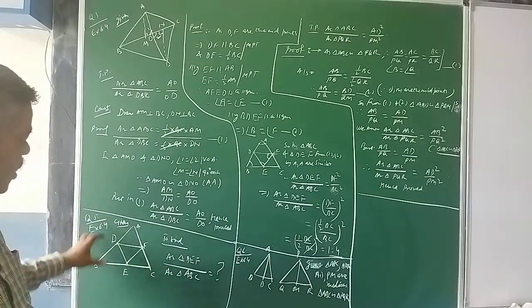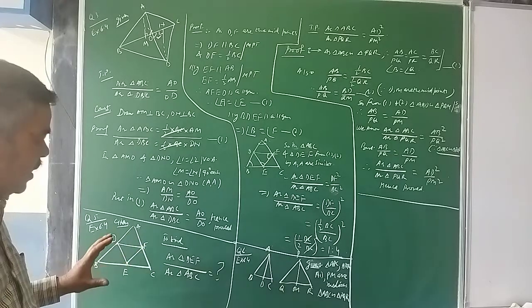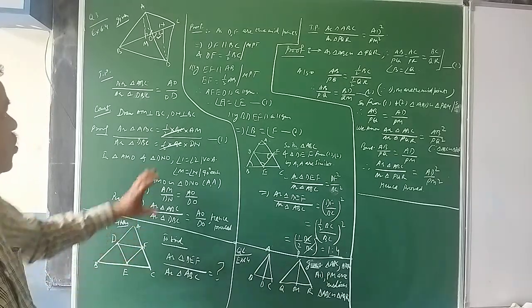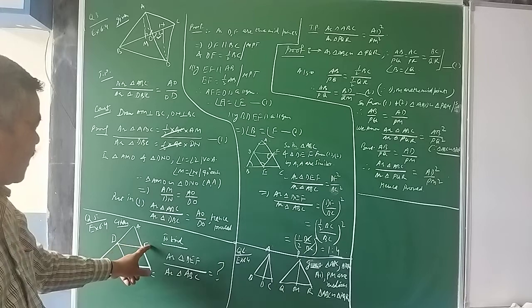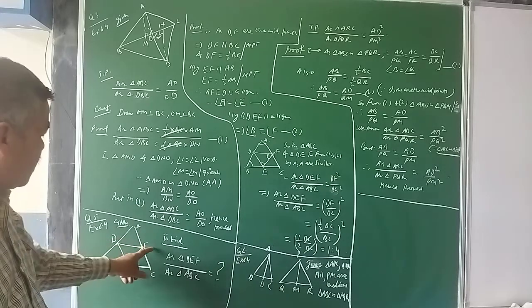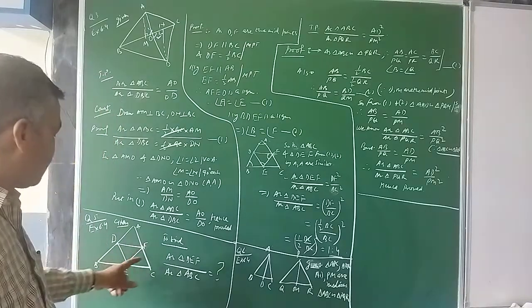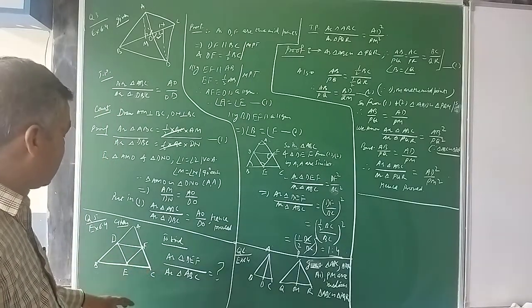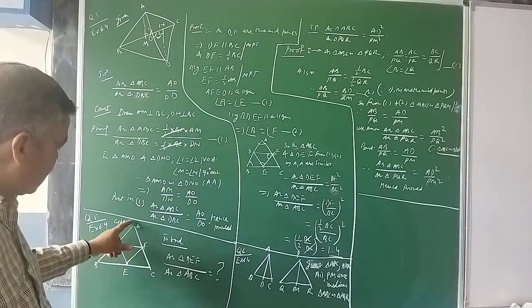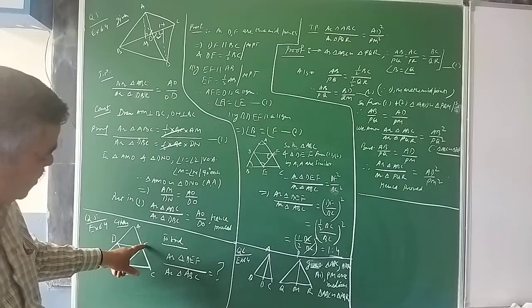No doubt, starting I will be doing with my MPT only. So here you just start: D and F are the midpoints. So your DF will be parallel to BC, I have mentioned over there, and DF is equal to half of BC. Similarly, if you apply for this side, E and F are the midpoints.